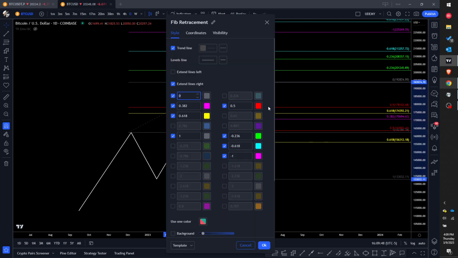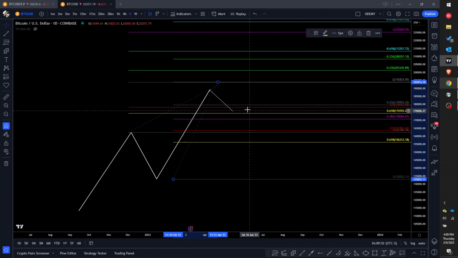So let's add that in too. Okay, this little range from here to here is generally equivalent to this 5 to 618.